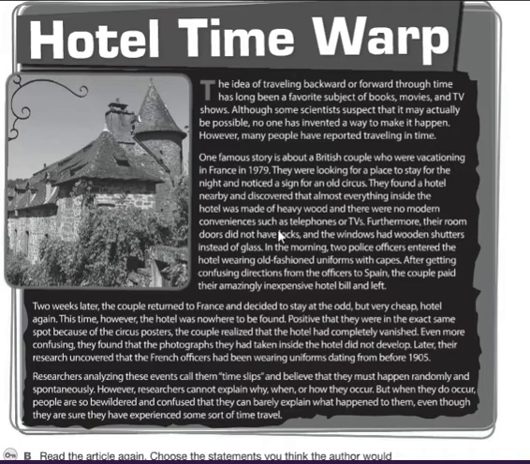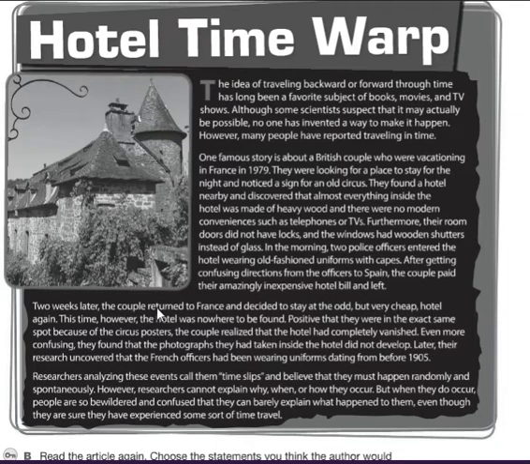Furthermore, their room doors did not have locks, and the windows had wooden shutters instead of glass. In the morning, two police officers entered the hotel wearing old-fashioned uniforms with capes. After getting confusing directions from the officer to Spain, the couple paid their amazingly inexpensive hotel bill and left.